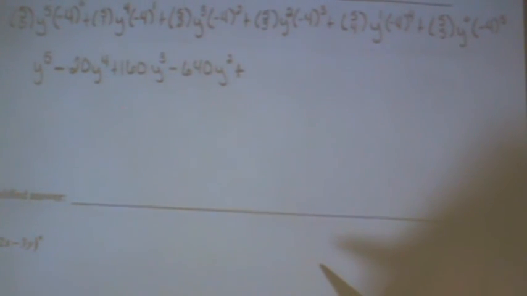Our signs alternate. So our next term should be an addition. We've got negative 4 to the 4th, and then this gives you a 5. So it's 5 times negative 4 to the 4th, which should give you 1,280. And that's multiplied by y to the 1st, which is just y.